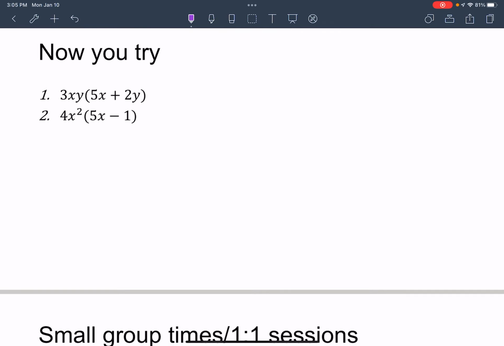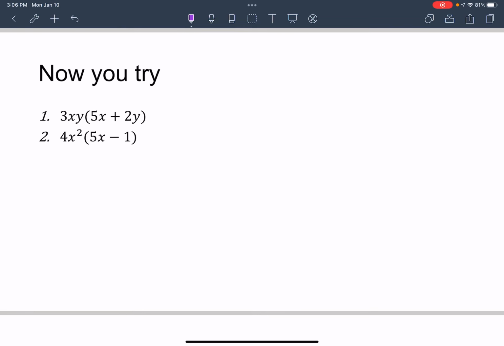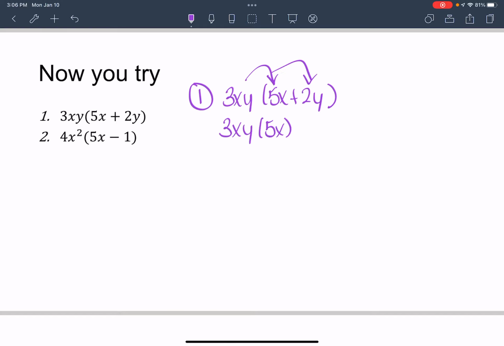So now let's try a couple more problems. You can do these whichever way you can. You can do the box method or you can distribute. So we have 3xy times 5x plus 2y. When I multiply this out, I get 3xy times 5x plus 3xy times 2y.